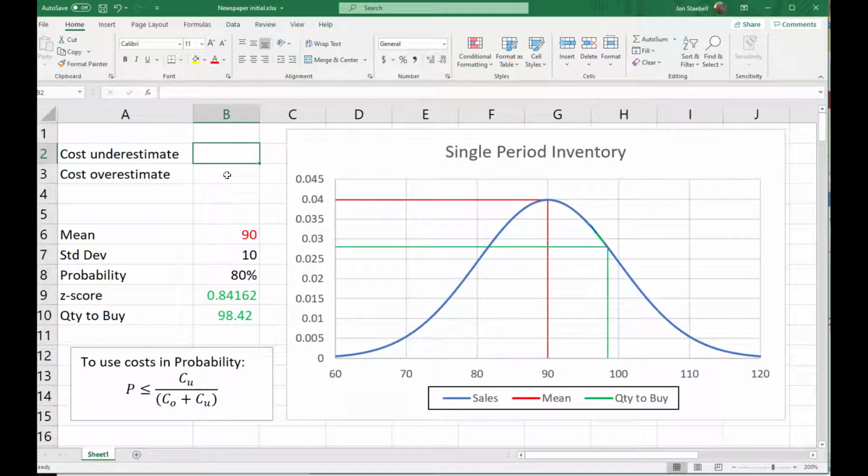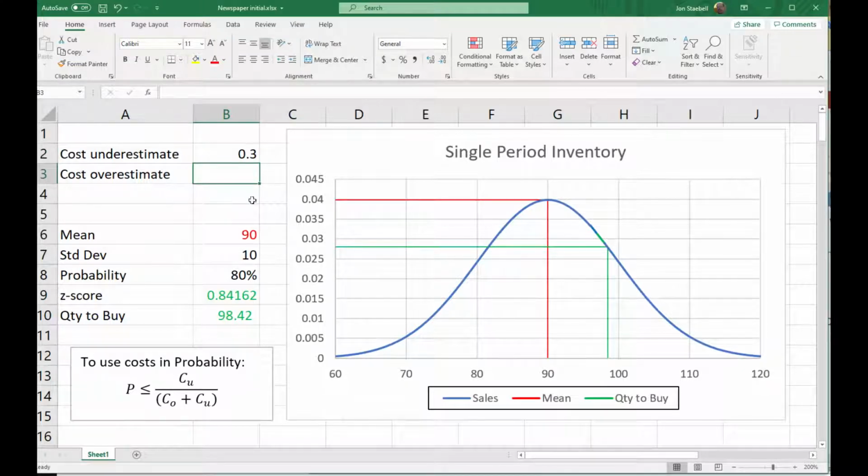So what do we lose? Well, in this case, the example is that we would have made 30 cents profit on that newspaper that we were unable to sell. So it cost us 30 cents to underestimate sales of newspapers.